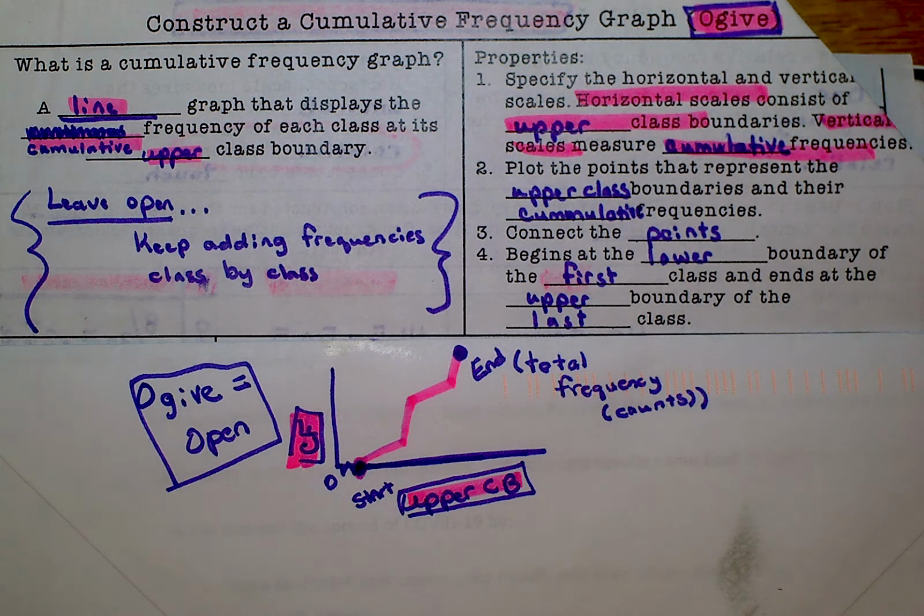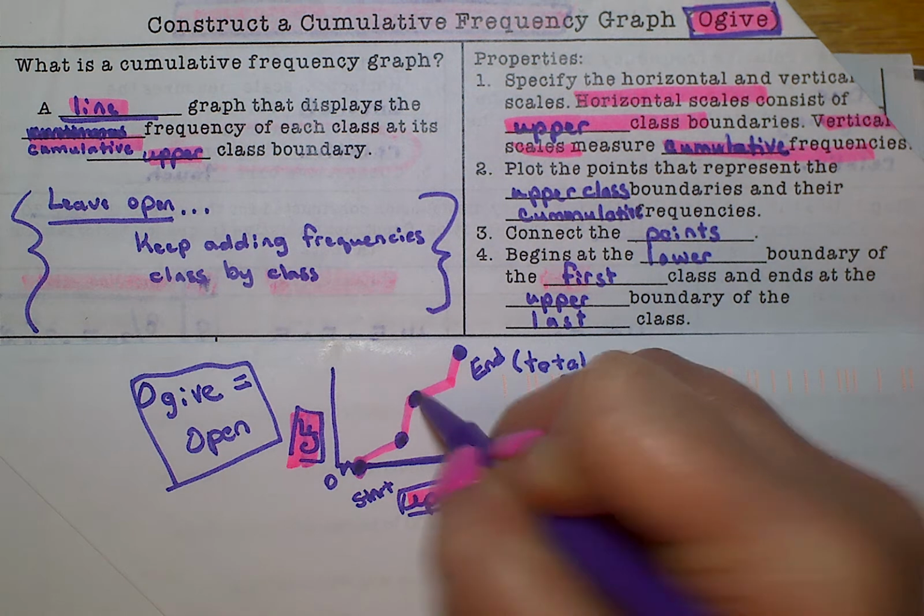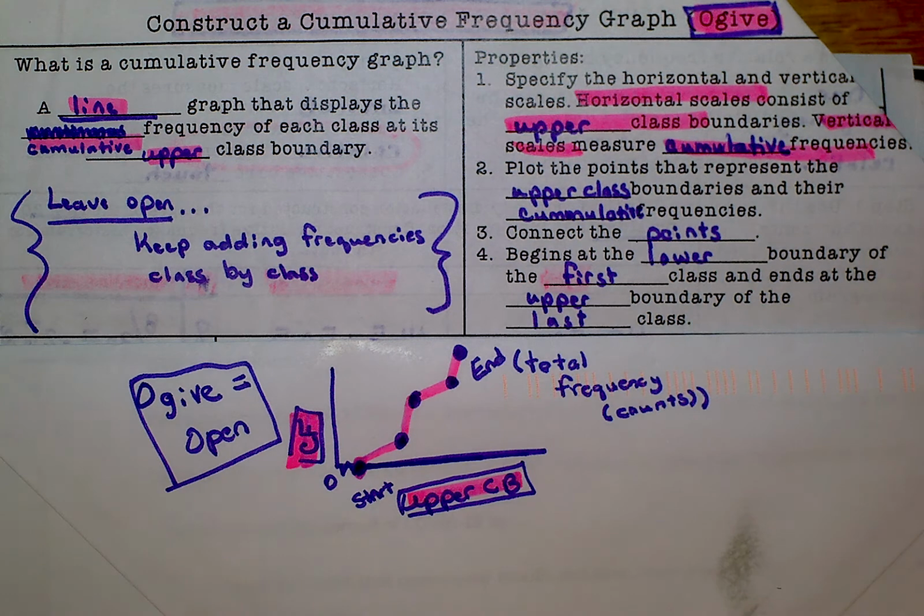Now you're going to plot the points that represent the upper class boundaries and their cumulative frequencies. So like I mentioned, you're going to plot the points. You're going to begin at the lower boundary of the first class and end at the upper boundary of the last class. And I'm going to explain what that means in just a moment when we look at our graph.